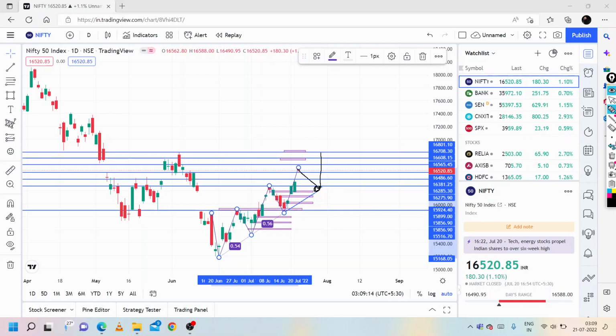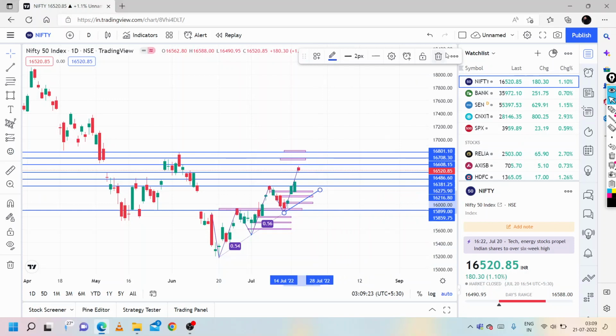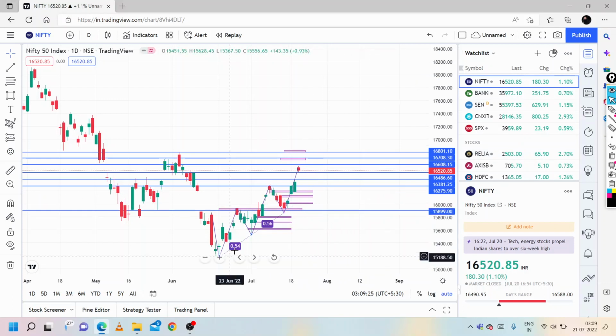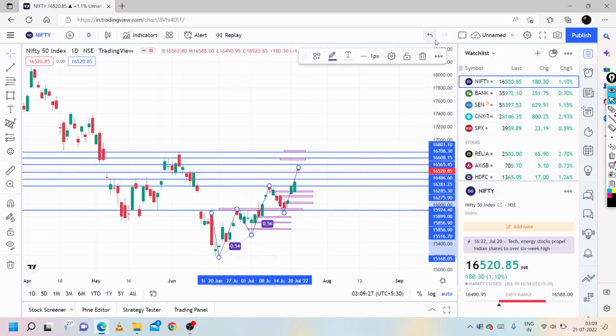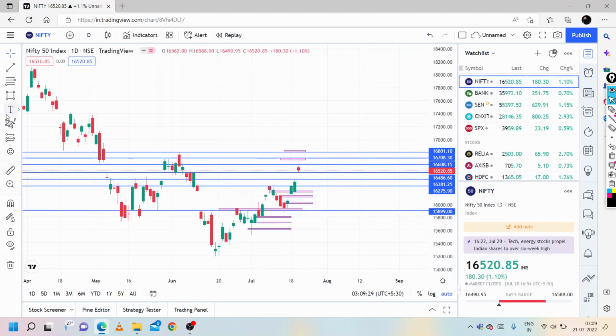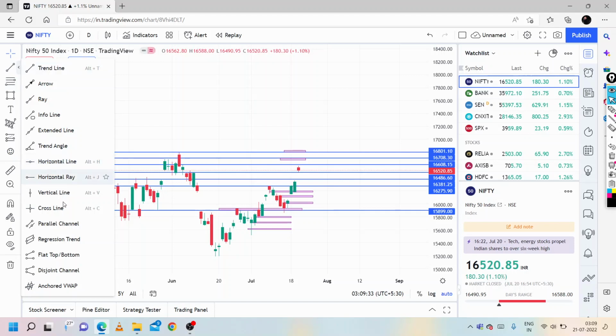Now we can see this in an alternate way also. First I'll delete these lines. If you see, there is a channel that is made on the daily time frame.